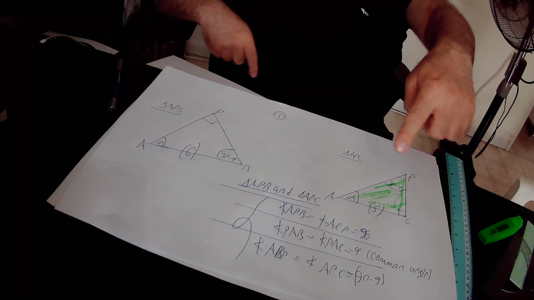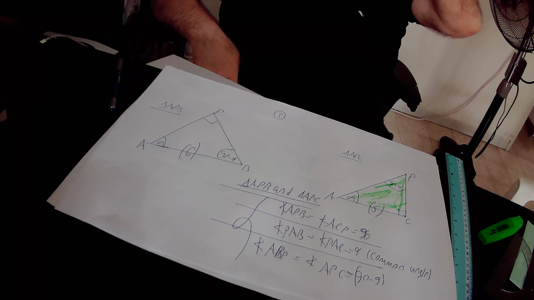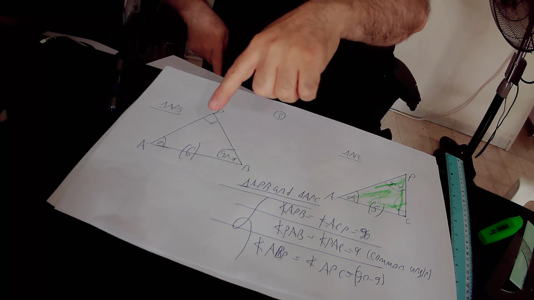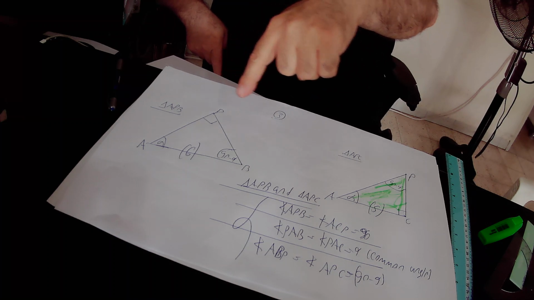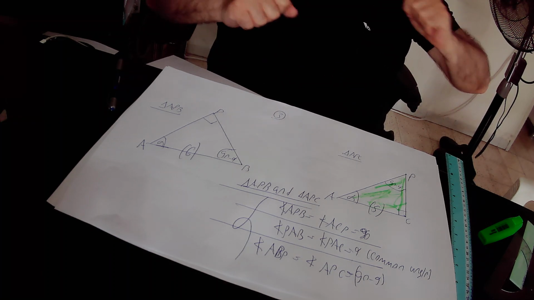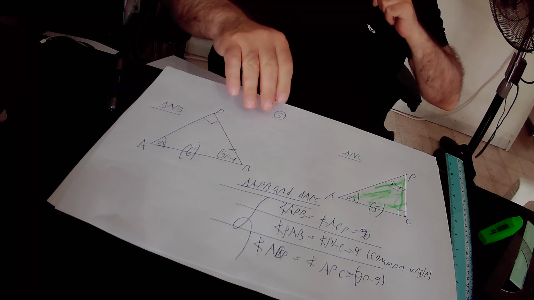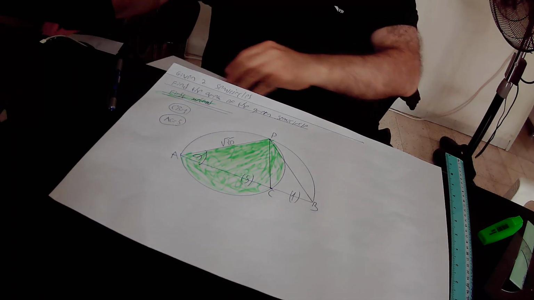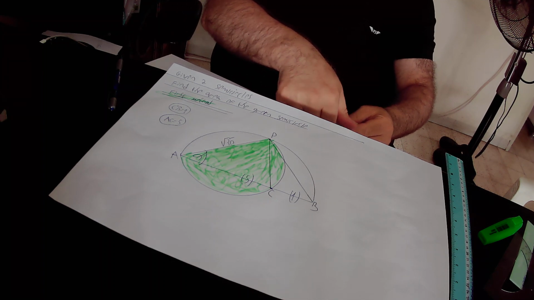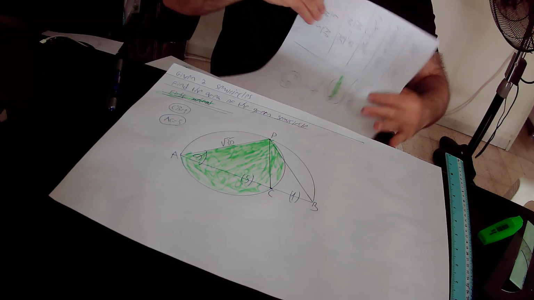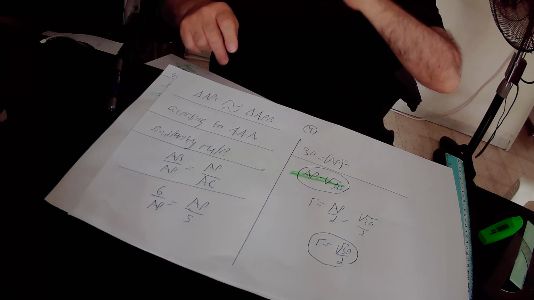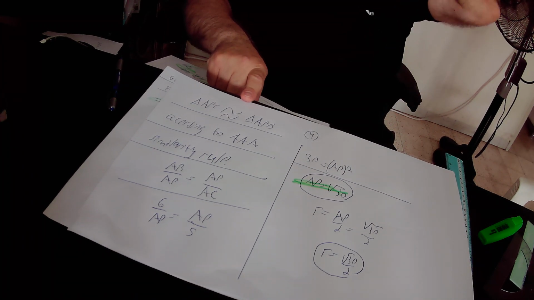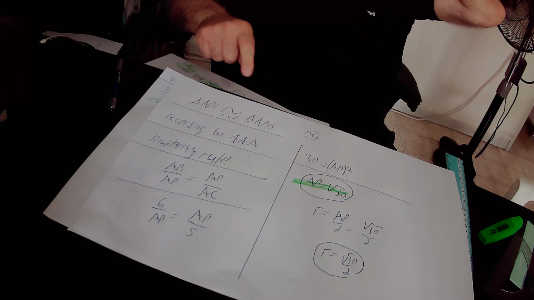So all the angles in this green right triangle APC are correspondingly equal to all the angles in this right triangle APB. Therefore, those two right triangles are similar to each other according to the angle similarity rule. I repeat again, the green triangle APC is similar to the right triangle APB according to the angle similarity rule.